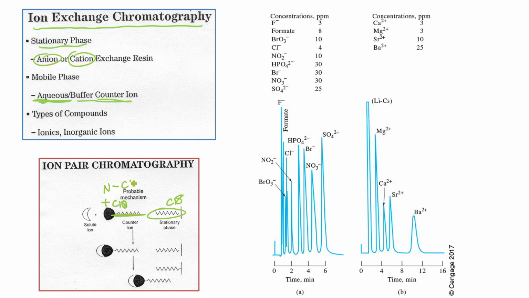So if that's a C10, it's a quaternary amine, so it's positively charged, so it would attract negatively charged analytes. Or you could put a sulfonate group on there if you wanted to attract cations. But using that, we can separate ionic compounds. So here's a mixture of anions we could separate. Or if we want to separate cations, we could put in anionic stationary phase and separate cations out.